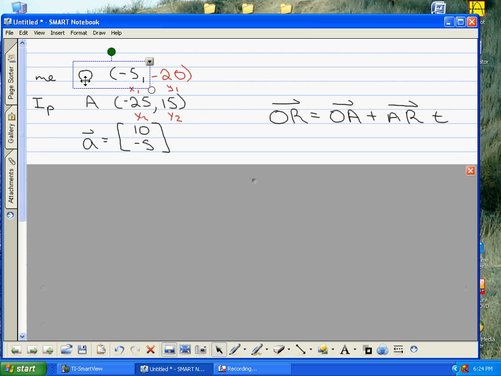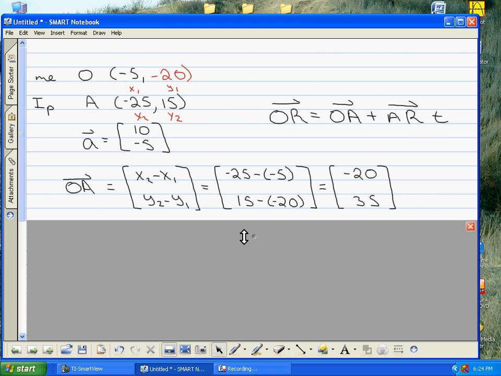Me at O, here's my vector. The initial position, A. The velocity, 10, negative 5. Need to find these values. Well, this is with t. So, vector OA is equal to, and remember how I find a component form, it is x2 minus x1, y2 minus y1.